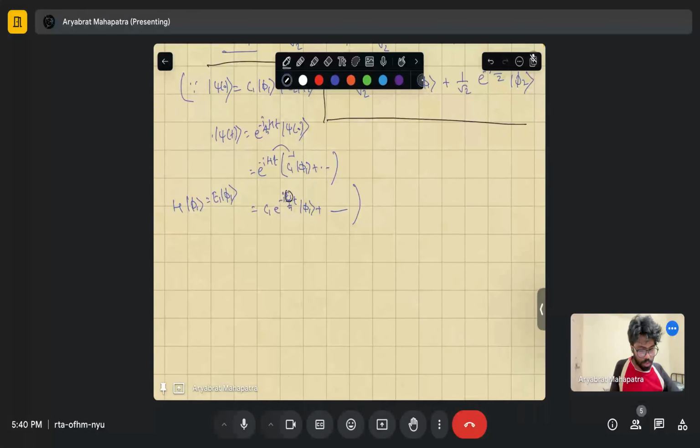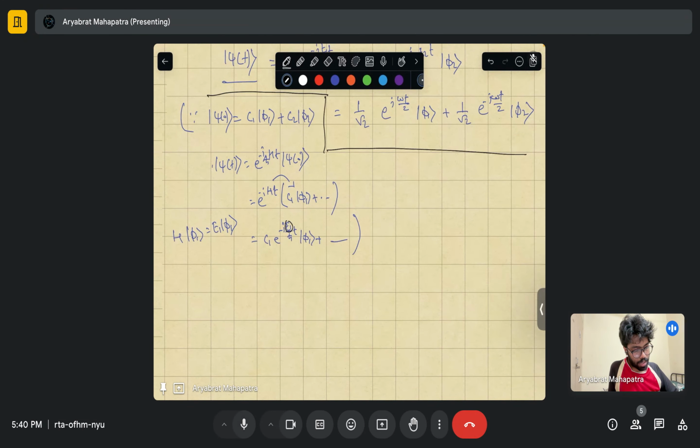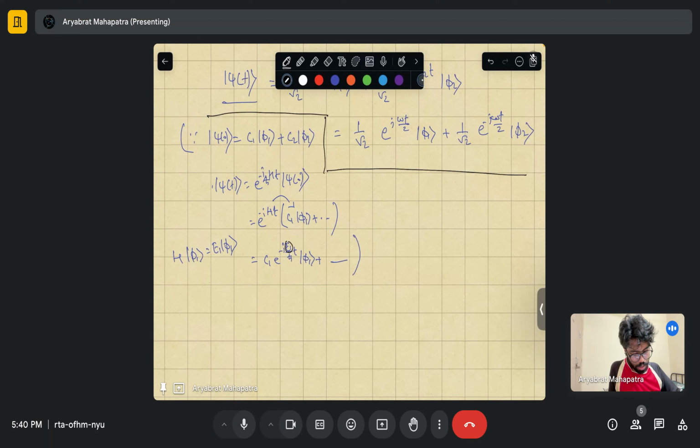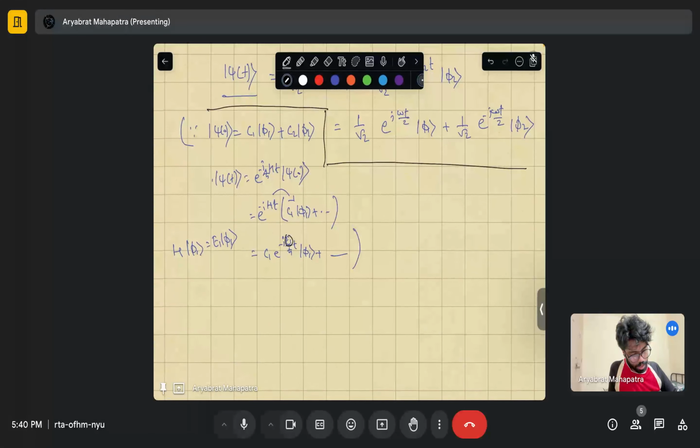Now we have to calculate the probability, but let me write psi t even further.